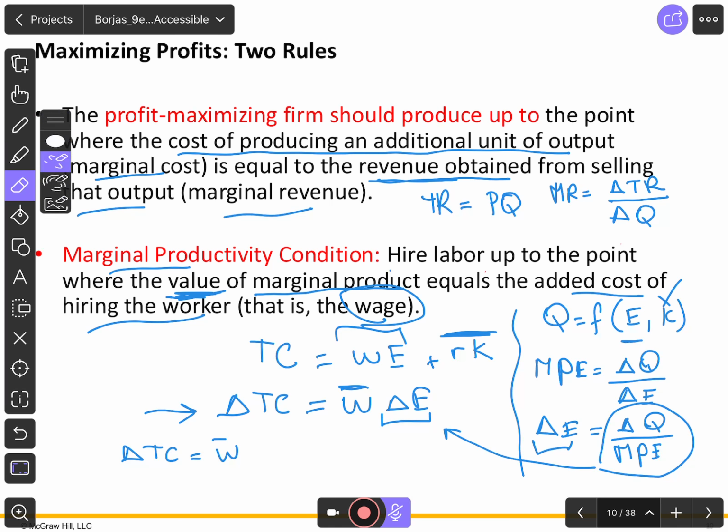You don't have to write the bar all the time, but just remember it's constant. So it's equal to W times, instead of the change in E, I'm going to substitute this part, which is the change in production over the marginal productivity of workers.